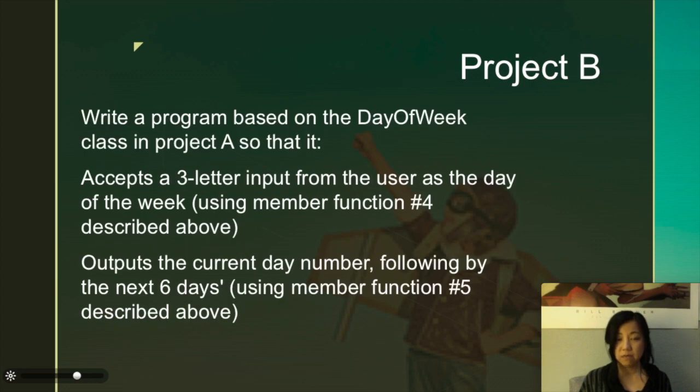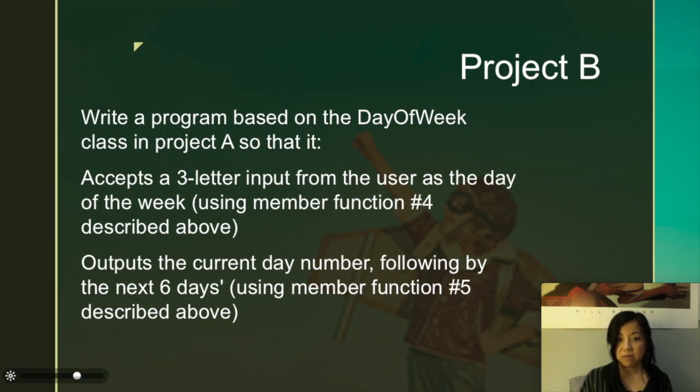In project B, which is an extension of project A, you would write a program that, based on the class that we just defined, DayOfWeek, accepts a 3-letter input from the user, using basically member function number 4, and then outputs the current day number followed by the next 6 days, using member function number 5 to output it.